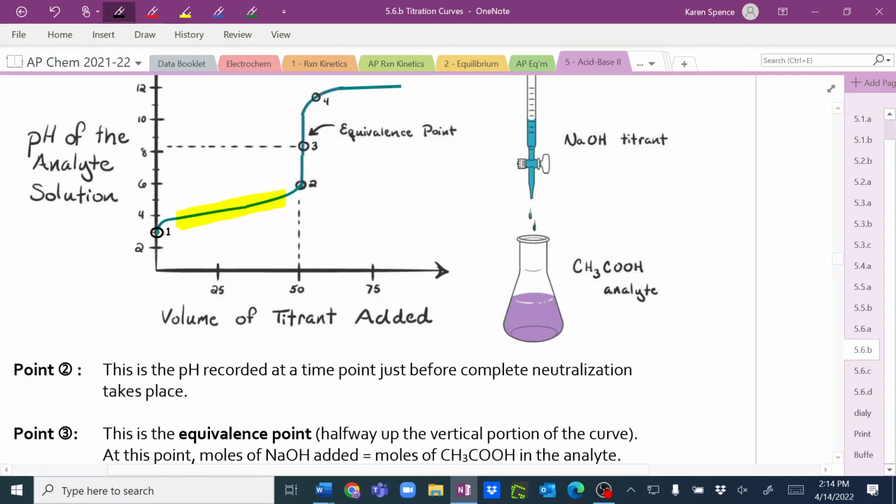Yeah, we still have CH3COOH, and we have some H plus, and we have some CH3COO minus, because we've turned some of it into the CH3COO minus. Does this put you in mind of anything that we might have talked about earlier today?